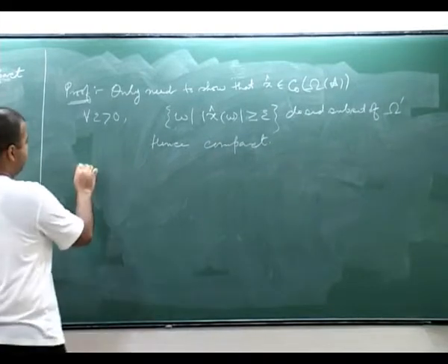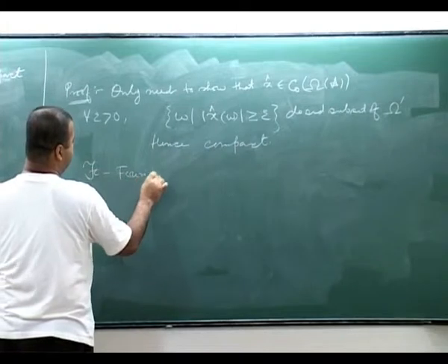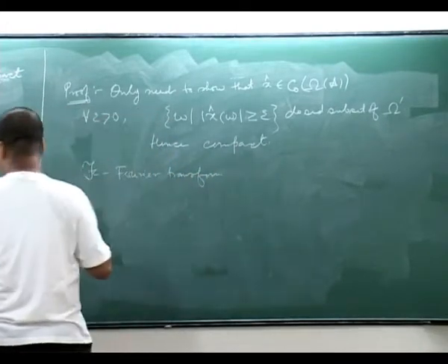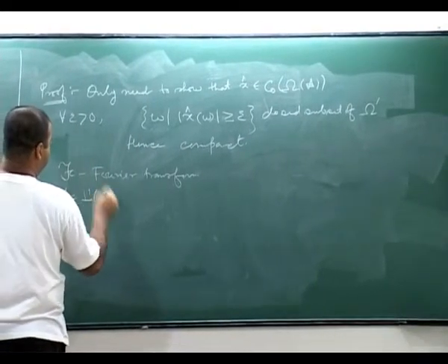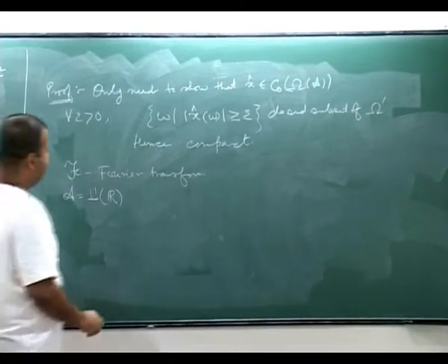this notation F of course comes from Fourier transform. So, if we take A to be L1 of R, then that exercise says the following.